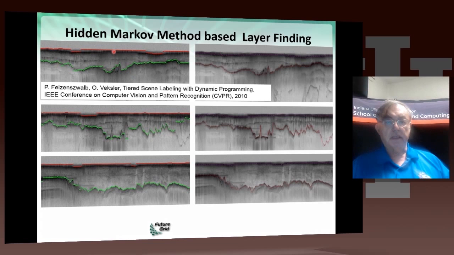In this case, this red is the ice-air boundary, and the green is the ice-rock boundary, the bottom of the glacier, which is pretty rocky. And these are versions done by human beings, and here are versions done by computers. And so here the data analytics is finding layers in images.